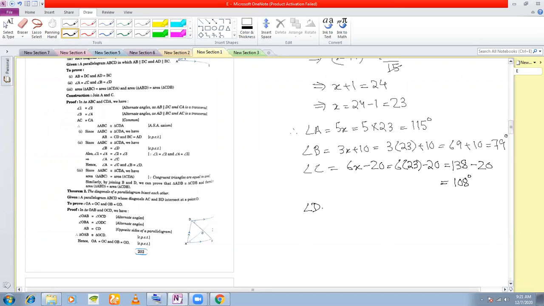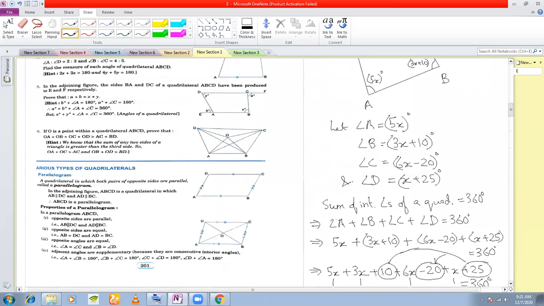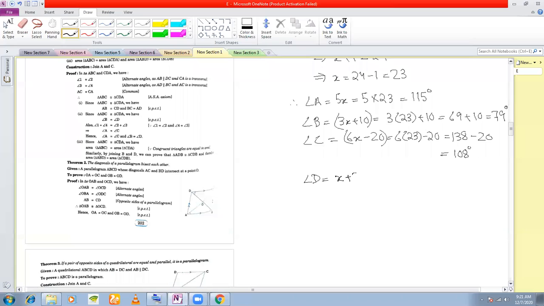And angle D, the last angle here, is x plus 25. So the value of x is 23, plus 25, which is 48 degrees. So we have determined each of the interior angles of the quadrilateral by putting the value of x.